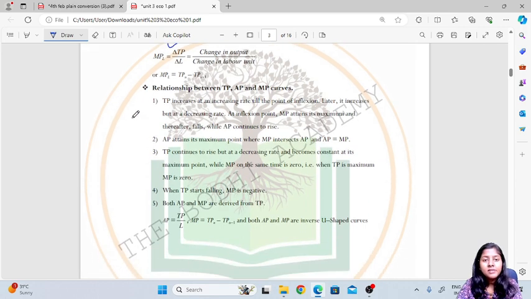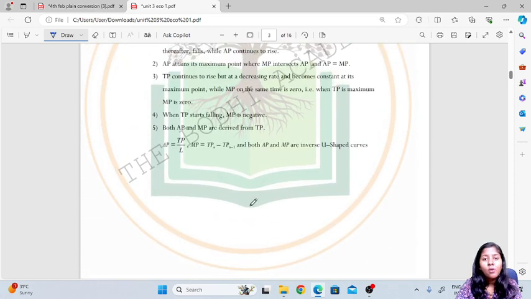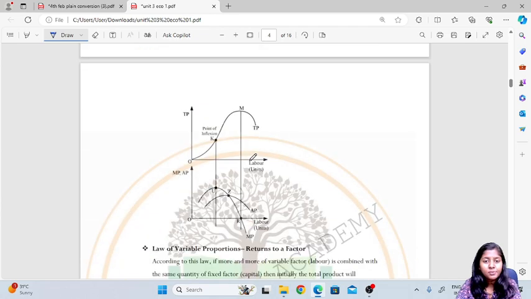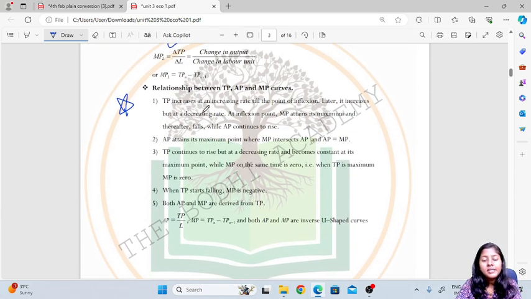The next thing, which is very important, is the relation between total product, average product and marginal product curves. Here they have shown the relation with the help of a diagram. TP, that is the total product, increases at an increasing rate till the point of inflection.